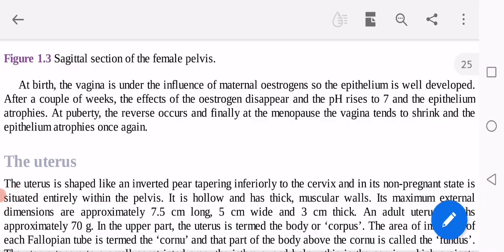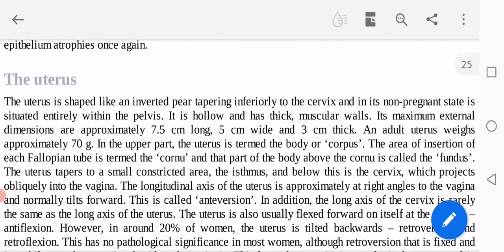At birth, the vagina is under the influence of maternal estrogen, so the epithelium is well developed, and after a couple of weeks, the effect of the estrogen disappears and the pH rises to 7, and the epithelium atrophies. At puberty the reverse occurs, and finally at the menopause, the vagina tends to shrink and the epithelium atrophies once again. So these are the different physiological changes.